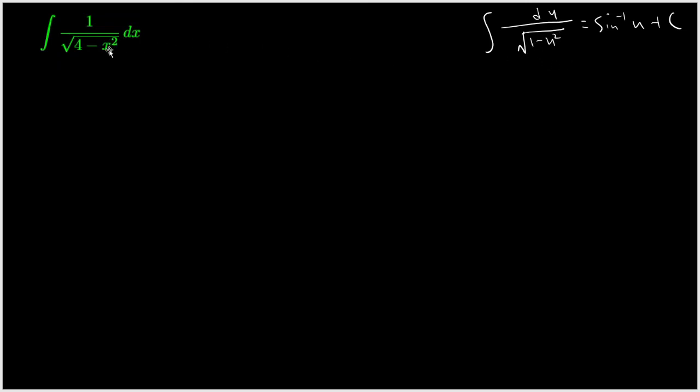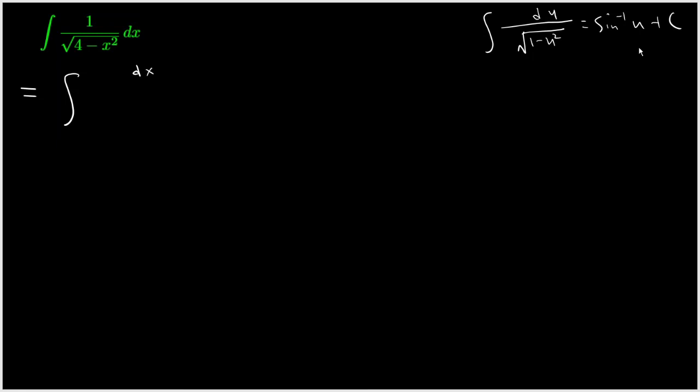So I just want to make this for location 1. If I can achieve that, then we can do it, right? Now the numerator is dx.